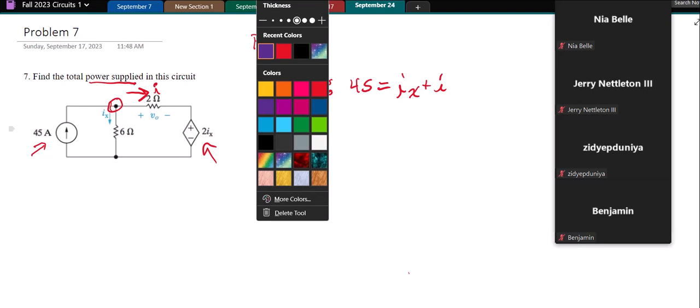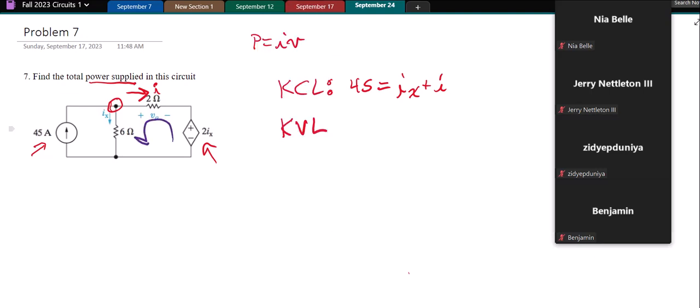I am going to make my loop go like this. The only reason I did that is, notice I want to use IX as drawn in, and IX as drawn in is going down. So I'm just going to make my loop go down. It doesn't really matter because now my loop is going the opposite direction of I. It's going the opposite direction of one of them, so it doesn't really matter which one.